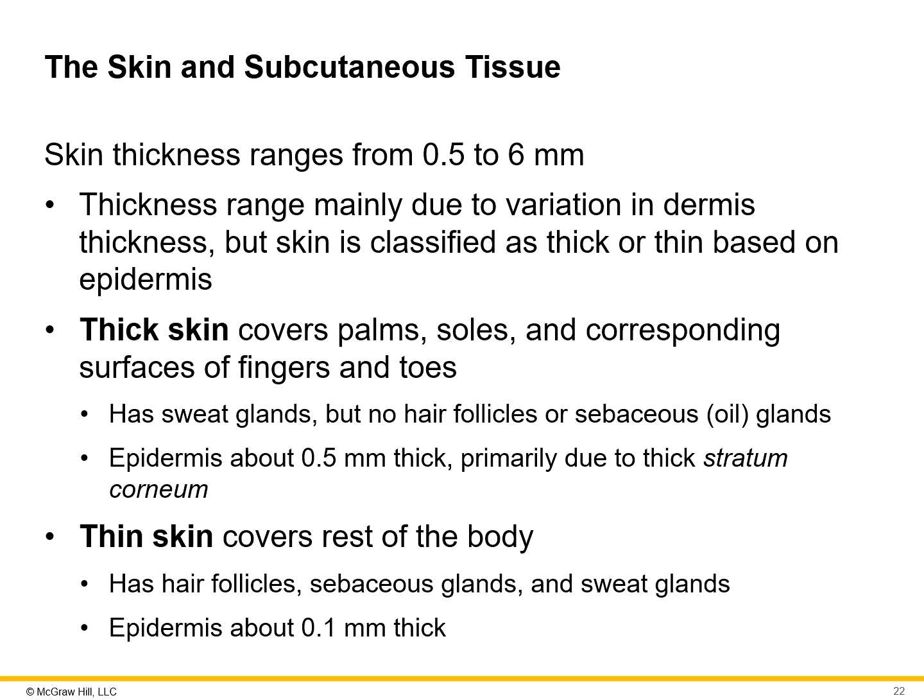The thick skin found in these locations does have sweat glands, but there are no hair follicles or sebaceous glands. And the epidermis is going to be thicker in these locations because there's going to be a thickened outer layer called the stratum corneum, which we'll go over those layers in a minute.